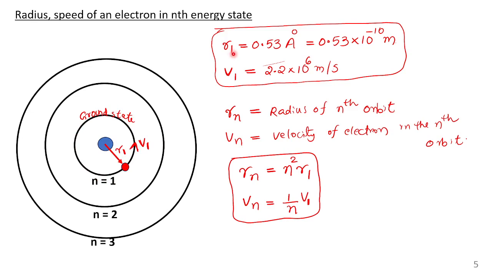That value you must memorize without any proof, it is very important. The radius of the first energy state, R1, is equal to 0.53 angstrom, or 0.53 into 10 raised to minus 10 meter, because angstrom is 10 raised to minus 10 meter.